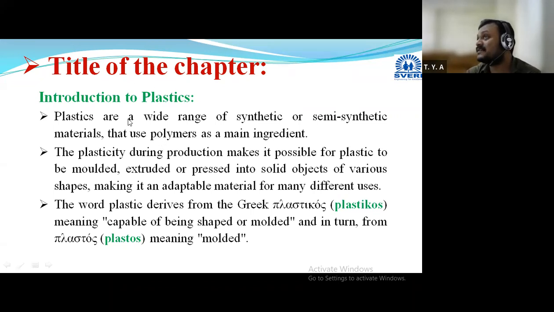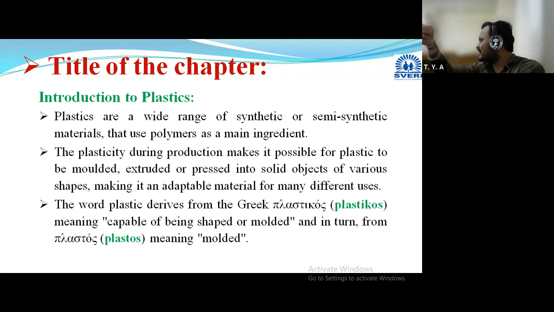There is a difference between plastic and polymer. Plastic is different and polymer is different. I will tell you one sentence: all plastic materials come under the category of polymers, but all polymers are not plastic. Plastic comes under it as one subtype.